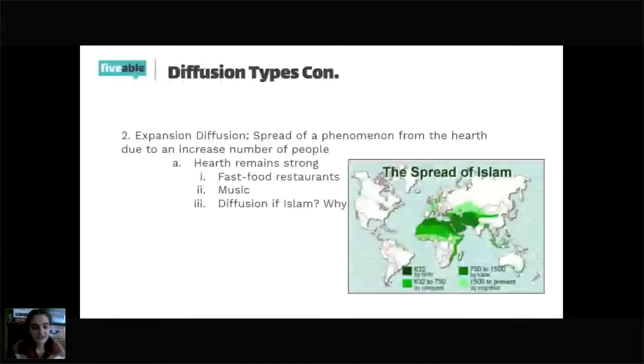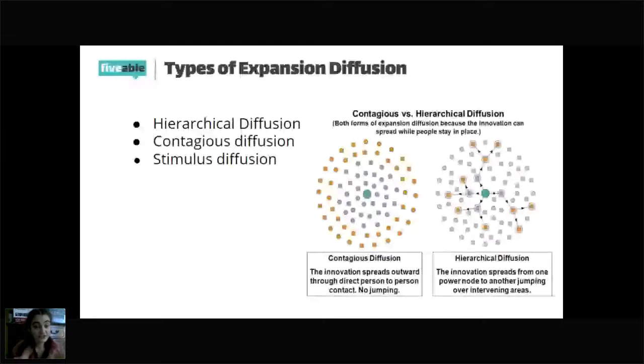So yeah, now we'll move on to the different types of expansion diffusion. We have three. You guys have to know: hierarchical diffusion, contagious, and stimulus diffusion. We'll go deeply into all of them in the next slide. So this is a good illustration to explain the difference between contagious and hierarchical diffusion.